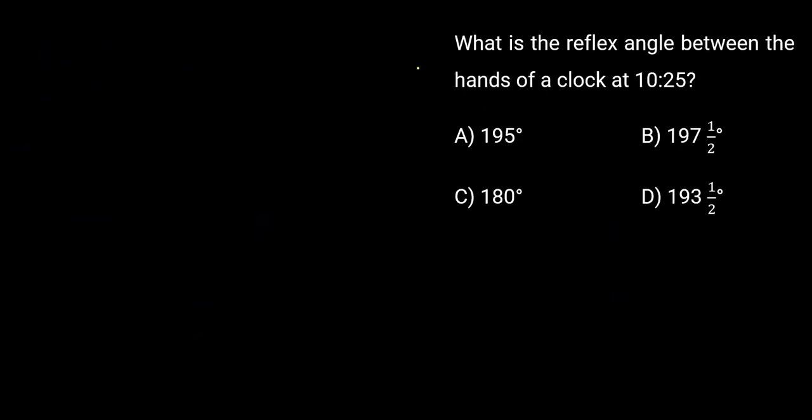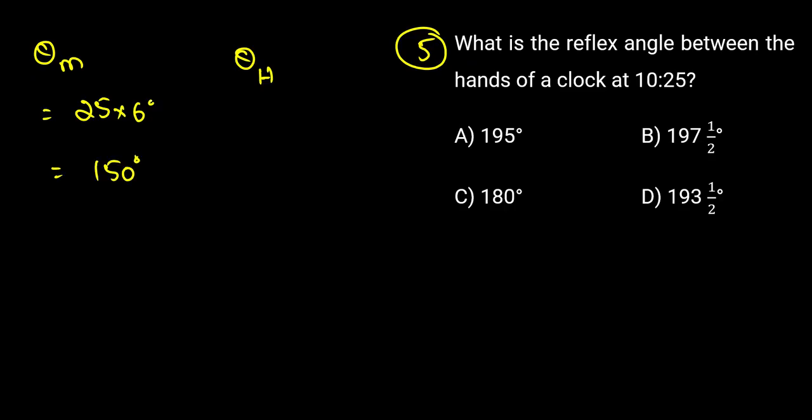Fifth question. First we should calculate the angle between hands, meaning theta m and theta h. So what is theta m? 25 into 6, which is 150 degrees. Super. What is theta h? 10 into 30 plus 25 into half.